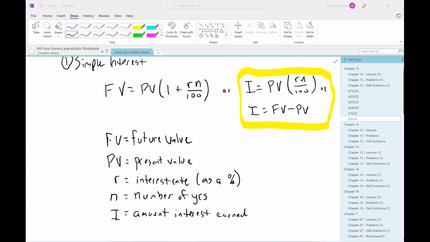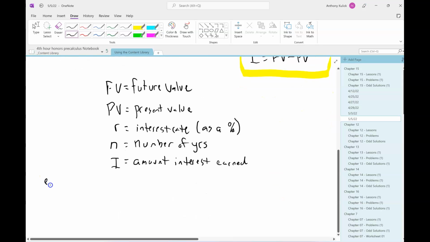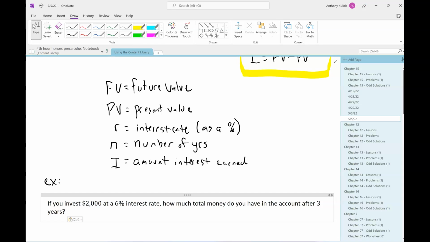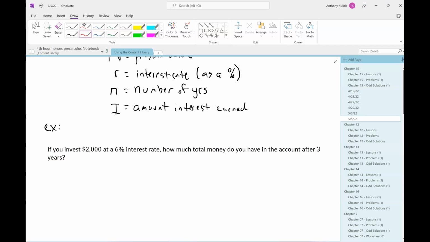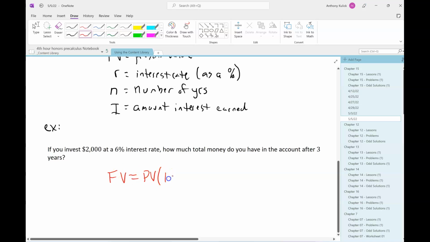Let's do an example. Say you invest $2,000 at a 6% interest rate. How much money do you have in the account after 3 years? So it's asking for a future value.